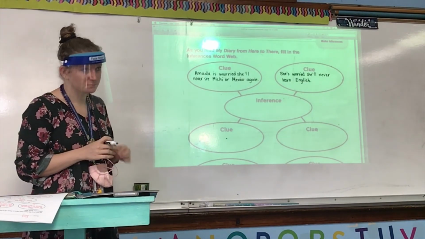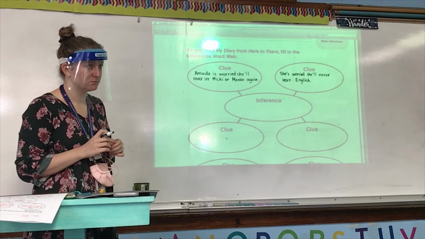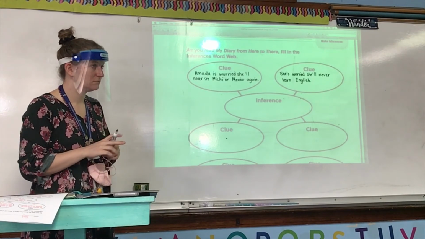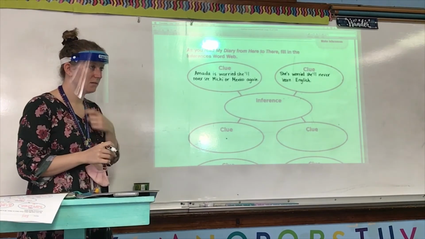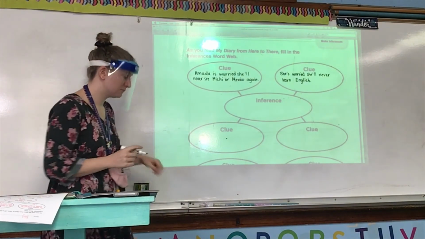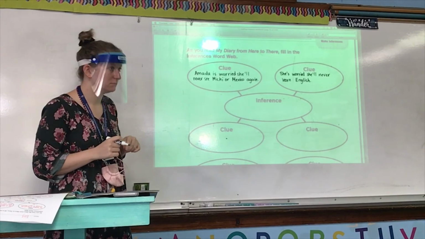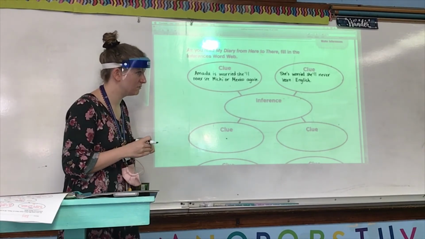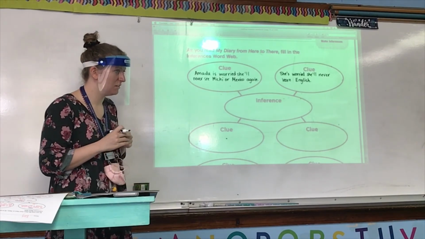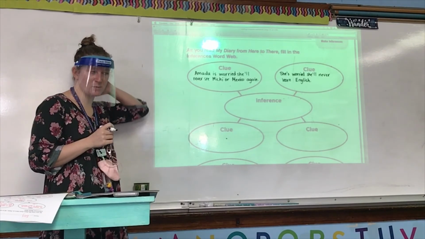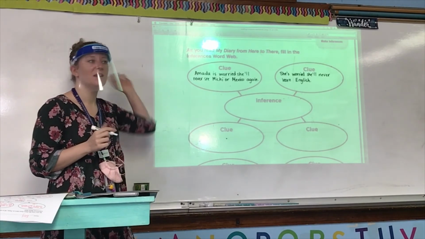Zadie? This kind of goes along with the clue we just did, but she's scared she can't learn English, or she won't be allowed to speak English. English? Does she know English yet? So would she worry she's not allowed to speak English if she doesn't even know it? Spanish.